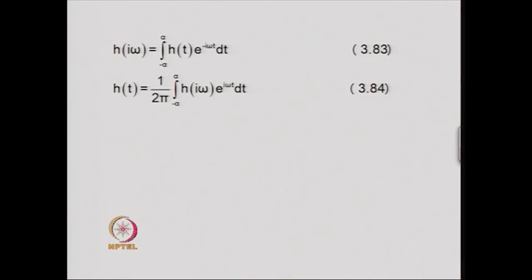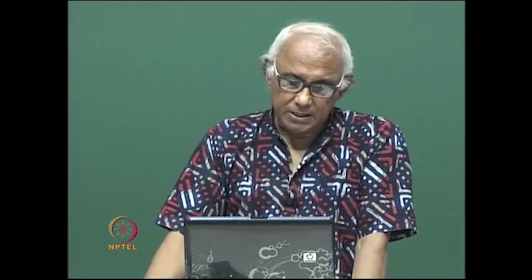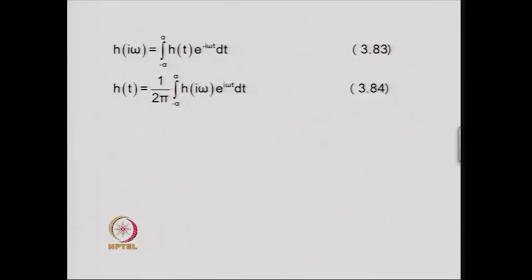The only difference here is that 1 by 2 pi is not associated with the first equation, which is generally the case for finding the frequency contents of any time history, but here 1 by 2 pi is associated with the IFFT part of the equation. So, the FFT part does not have 1 by 2 pi, whereas the IFFT part contains 1 by 2 pi. However, if we interchange this, the results of the Fourier transform do not change.